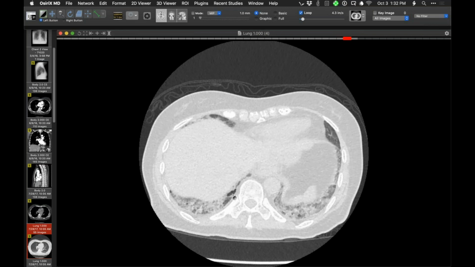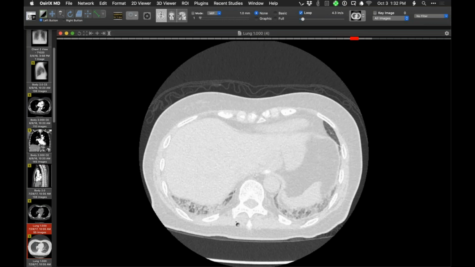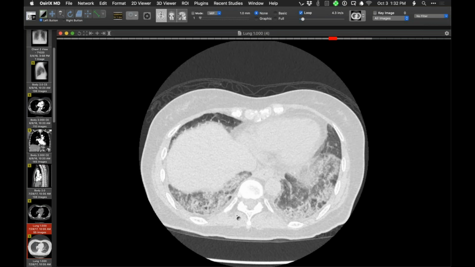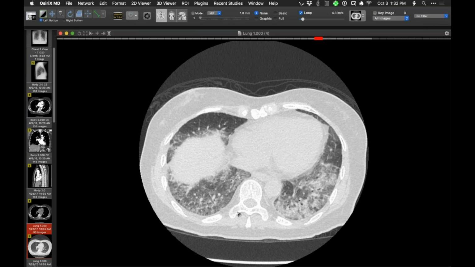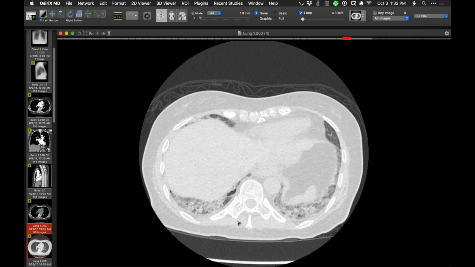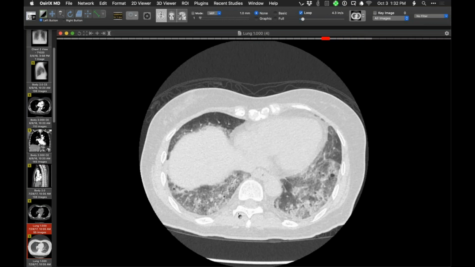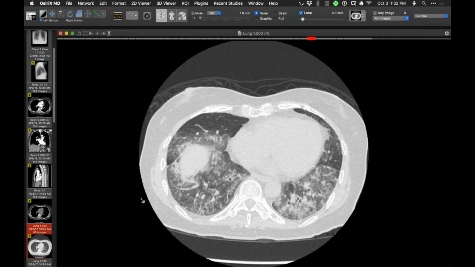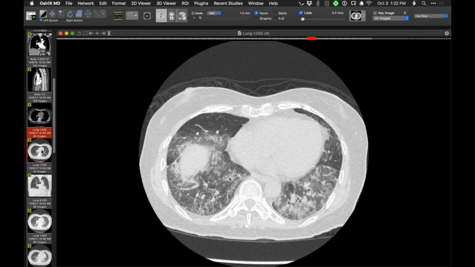There's one very small apparent cystic space there, but otherwise we do not have cystic spaces, and we certainly don't have findings to suggest traction bronchiectasis or subpleural traction bronchiolectasis or any hint of honeycombing, of course, but just bibasilar, extensive ground glass attenuating opacities.